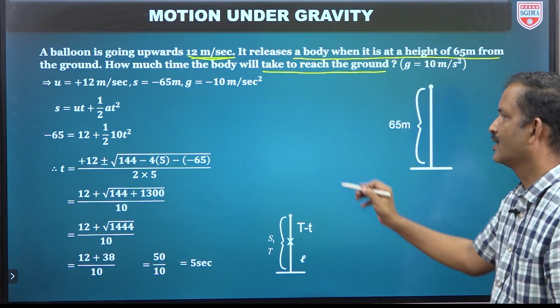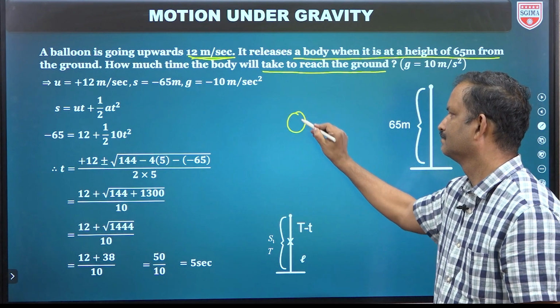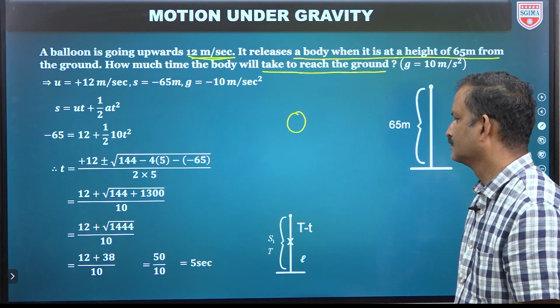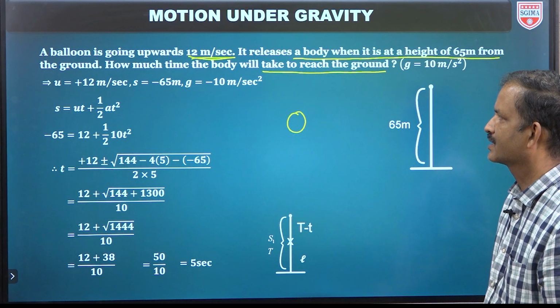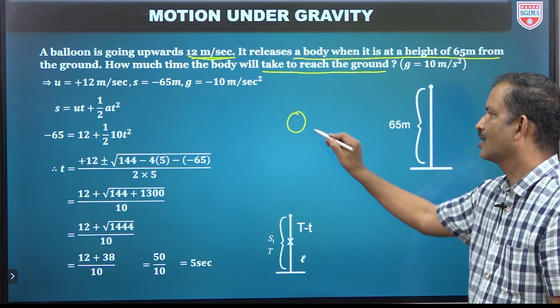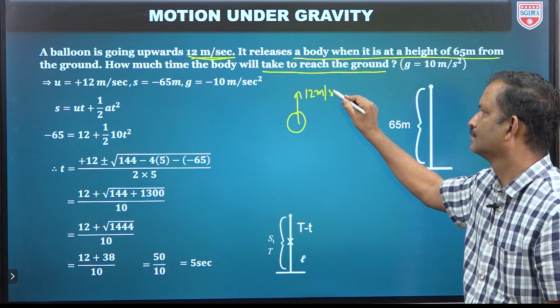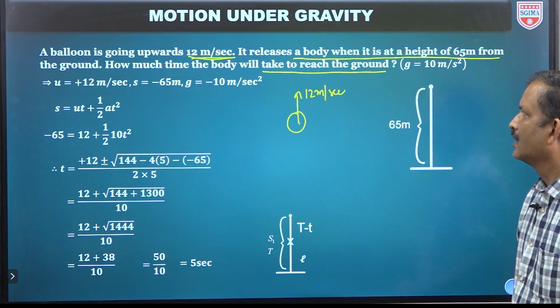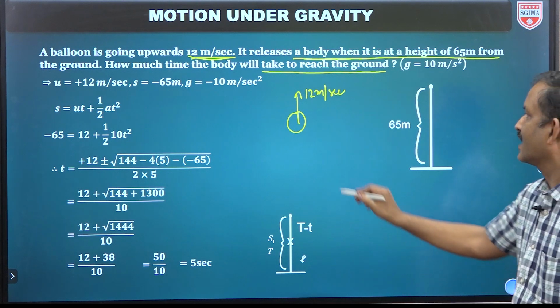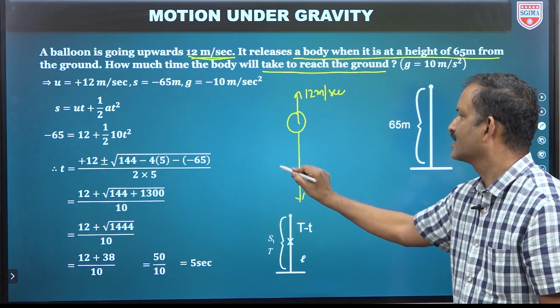The balloon is going in the upward direction with 12 meters per second. It releases a body when it is at a height of 65 meters.